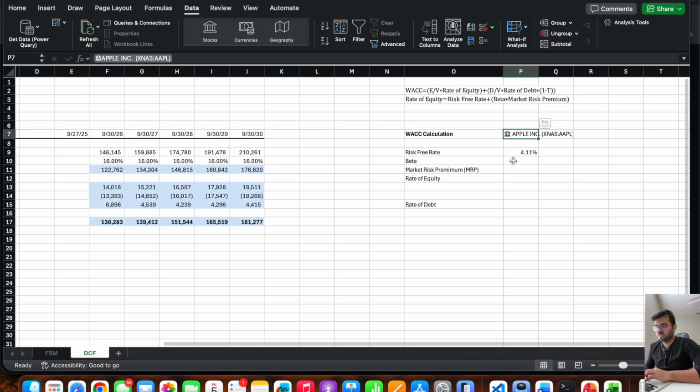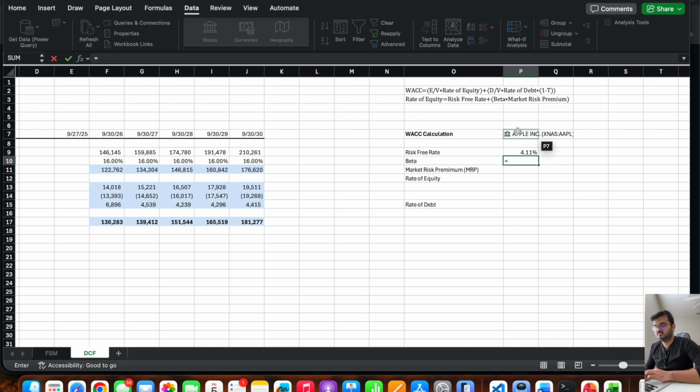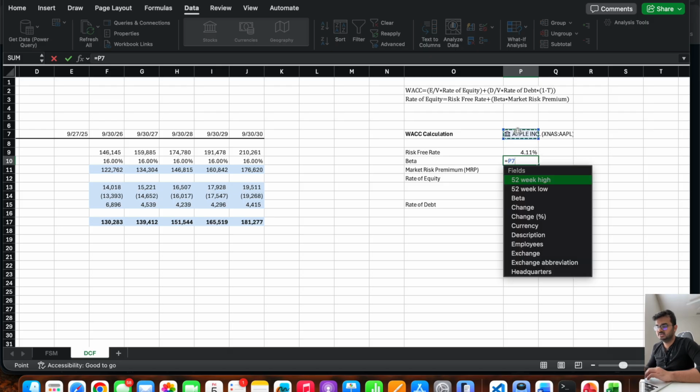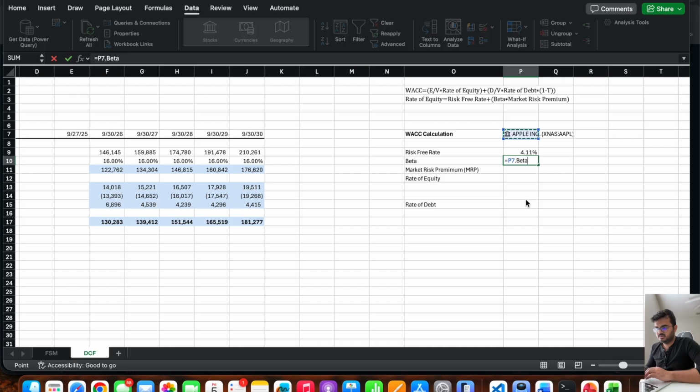So now, rather than going and figuring out the beta and typing it in each and every time I need to update it, I'll just pick the ticker symbol and give the beta value here. This will give me the beta value of Apple, so it will be more dynamic.